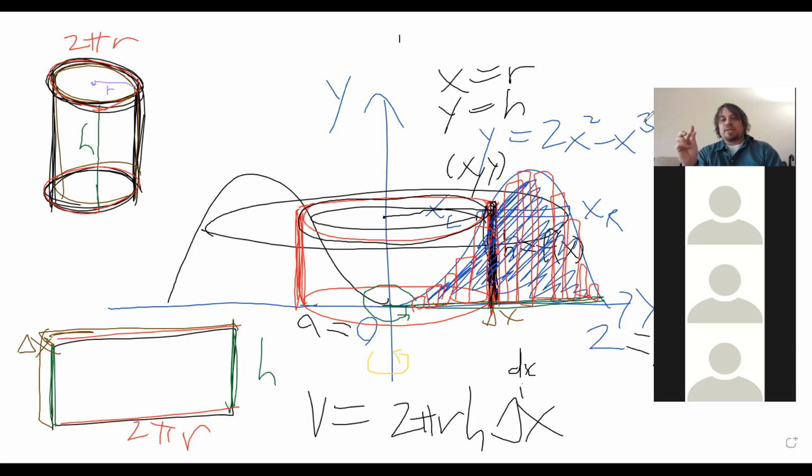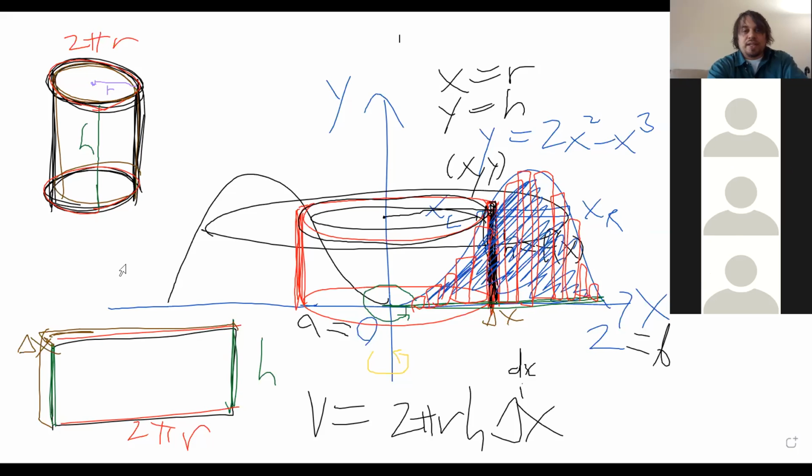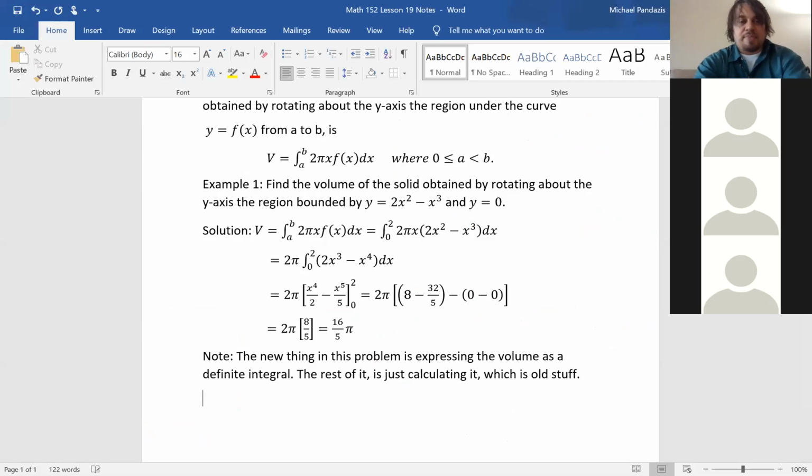Just like we approximate the two-dimensional space with approximating rectangles, we approximate the three-dimensional space with approximating cylinders that we get by rotating those rectangles around, getting a cylinder for each of them. So this approximation method only uses rectangles whose thickness starts at a equals 0 and ends at b equals 2. That's the closer reason for why it starts at 0 and ends at 2. Okay, that's example 1.